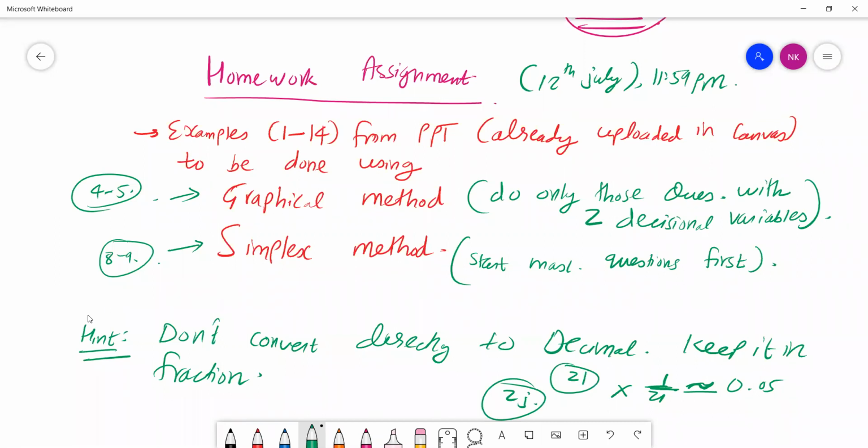So this might get cancelled out and you will directly get 1. But if you convert in this manner, then multiply by 21, you will have something greater, let's say 1.05. So at the very last, you will have a difference in the solutions because it is getting accumulated. You can see this difference is getting accumulated.